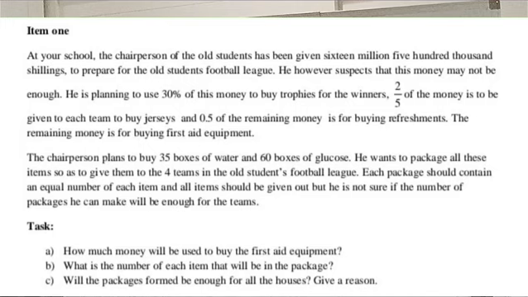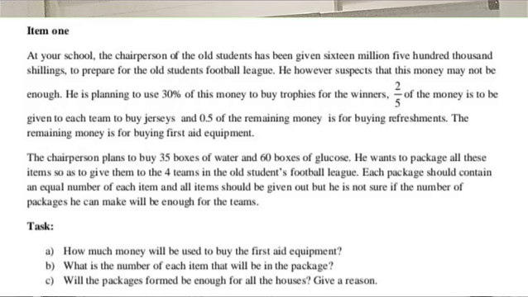2 out of 5, or 2/5, of the money is to be given to each team to buy jerseys, and 0.5 of the remaining money is for buying refreshments. Then the remaining money, it means the overall remaining money, is for buying the first aid equipment.